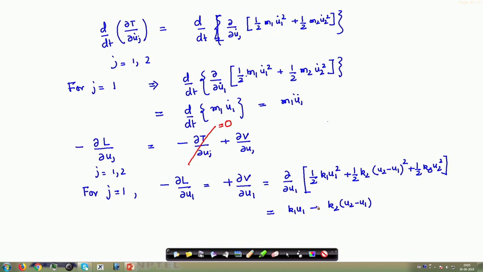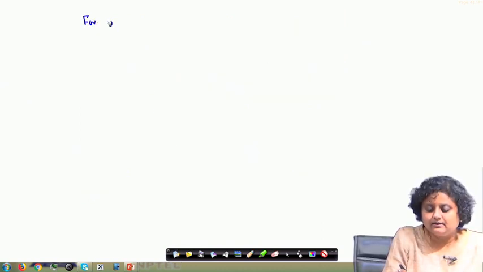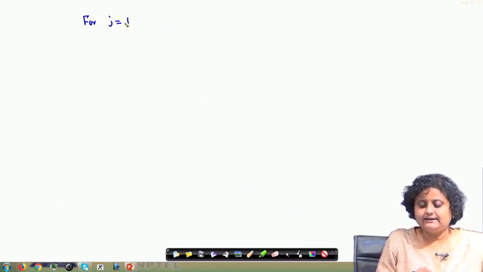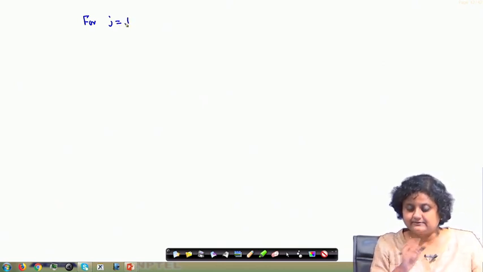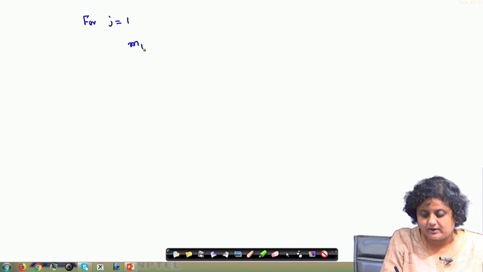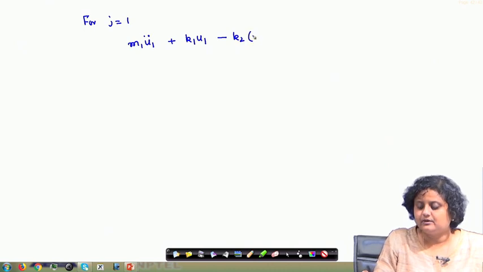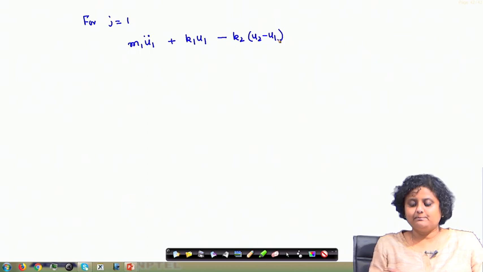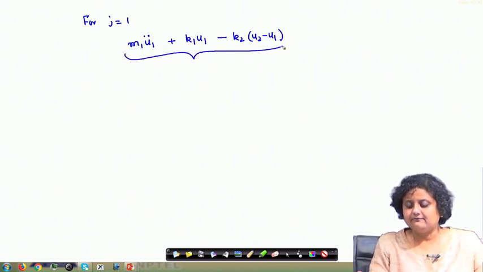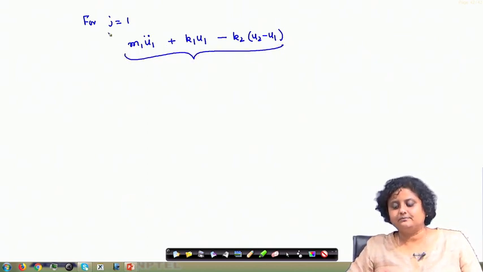Therefore, for j equals 1, the entire Euler-Lagrange equation LHS is going to be m1 u1 double dot plus k1 u1 minus k2 (u2 minus u1). This is the complete LHS that I have got for j equals 1.